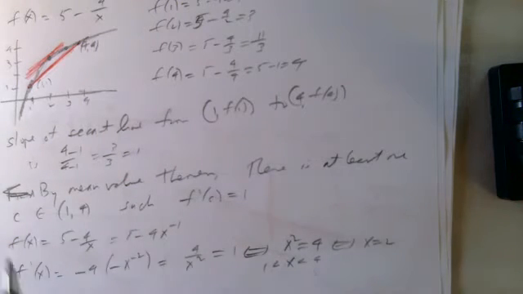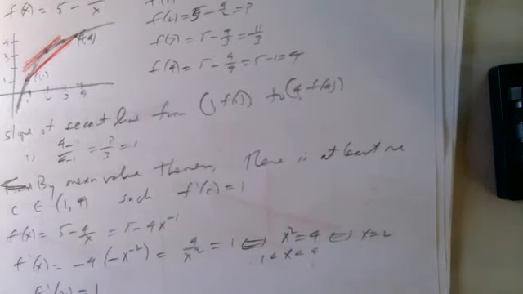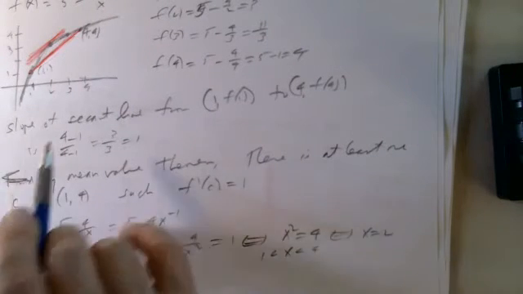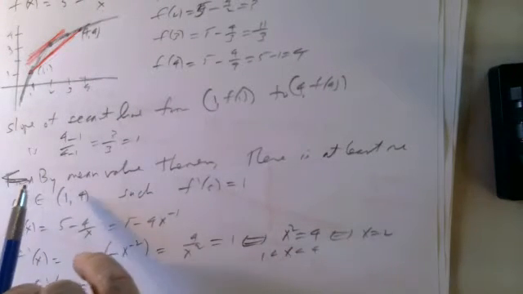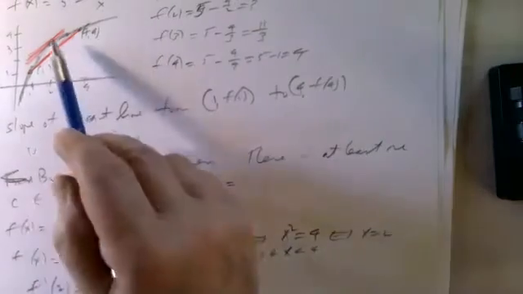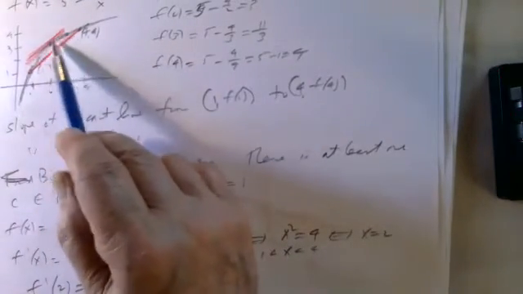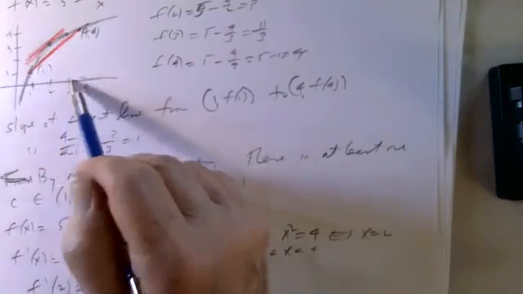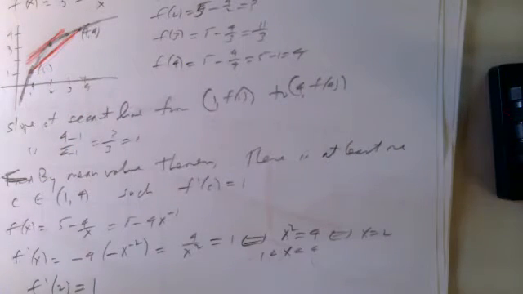So f prime of 2 is equal to 1. So the answer to the problem is x equals 2, or c equals 2. That's the point on this hyperbola between 1 and 4 where the tangent line is parallel to the secant line.